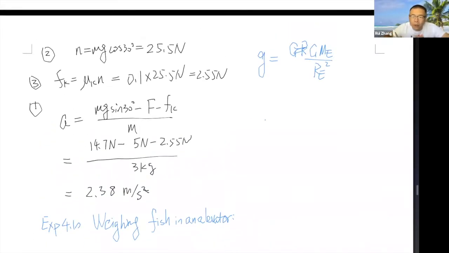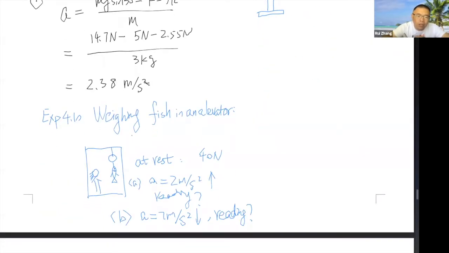For example, if you use a table scale or a bathroom scale at home, you stand on top of it. What is really measured is not your weight, it's actually the normal force on the scale. Same thing here. What is really measured is the tension. So what you read out here is the tension in the string. It may or may not be the real weight of the fish.